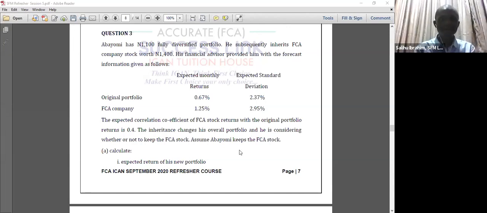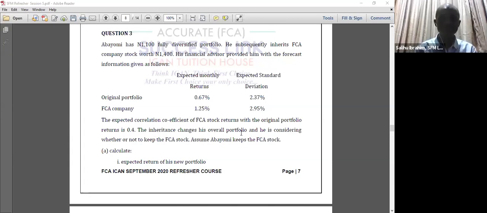Now, question number 3 says, Abayomi has a 1,100 fully diversified portfolio.